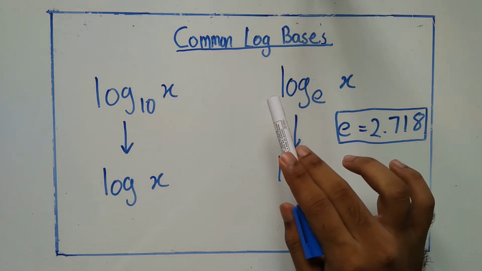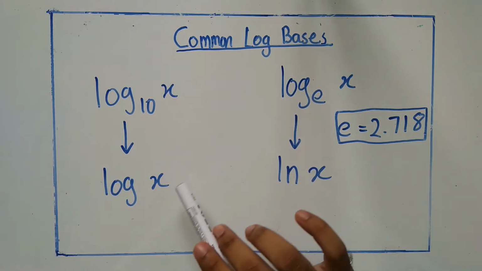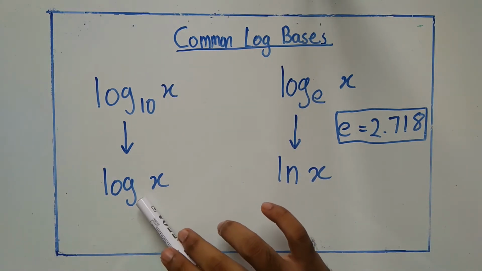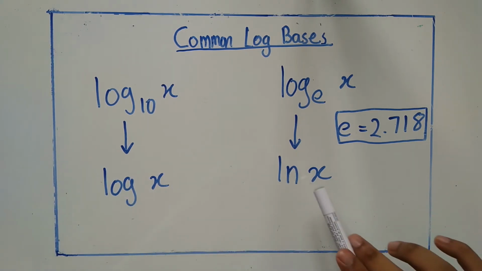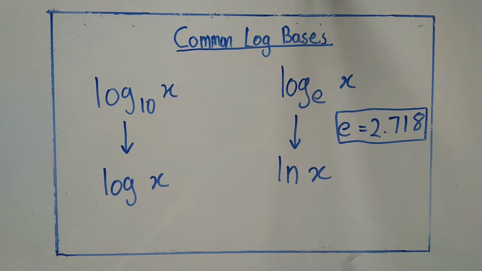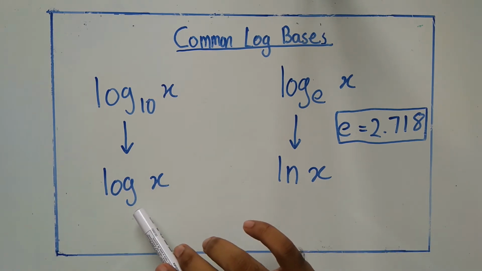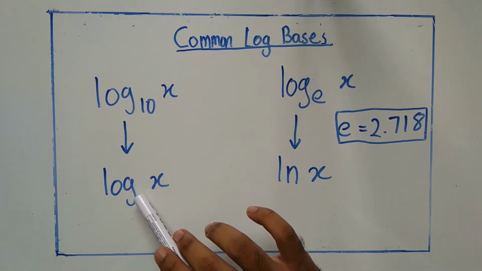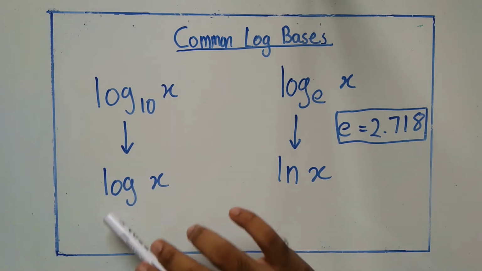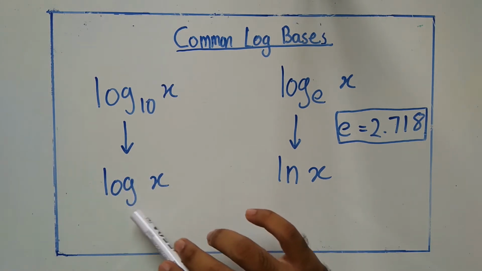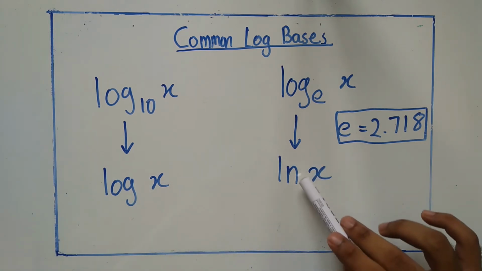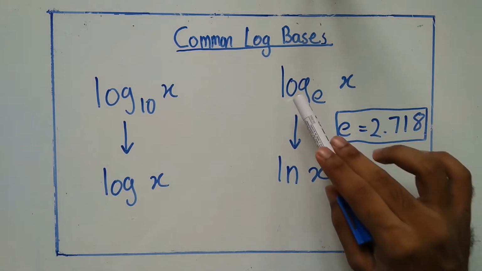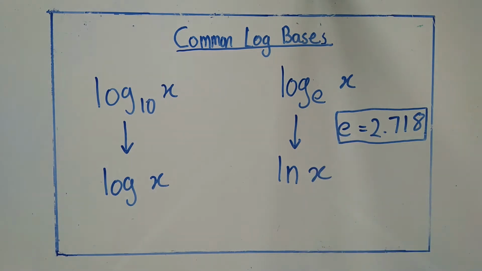The reason these are common log bases is because they do not come with the base notation, such as log x and ln x. Whenever you see a base missing in the logarithmic expression, you can safely assume that it means a log base of 10. If you see ln, it means it is a log base of e.